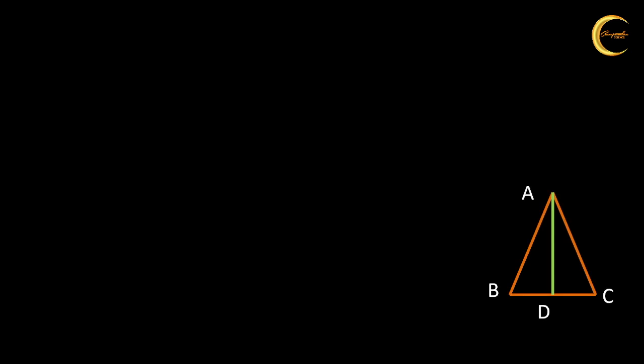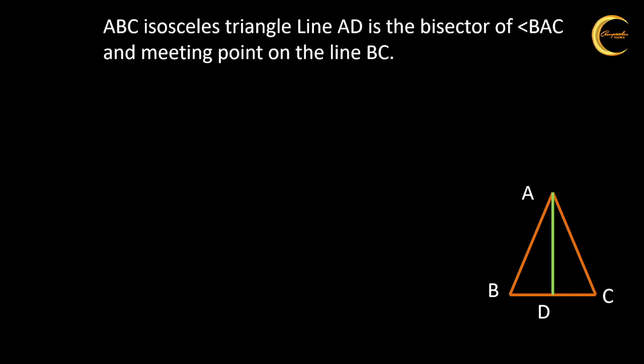Now you see this is the diagram. Now we have to keep in mind that this ABC is an isosceles triangle. So this isosceles triangle means this AB line and this AC line, these two sides of the triangle, are equal.